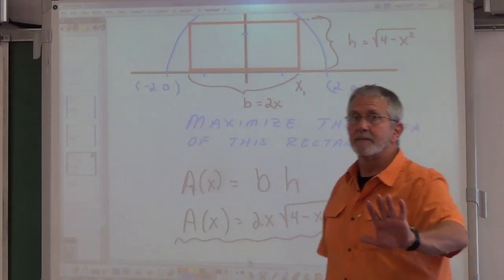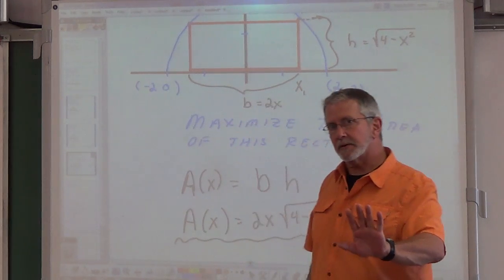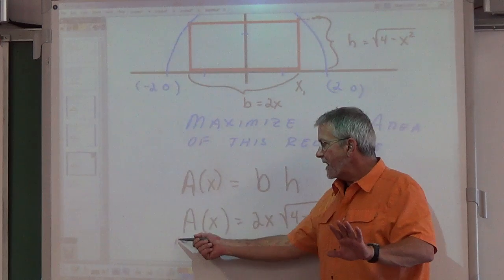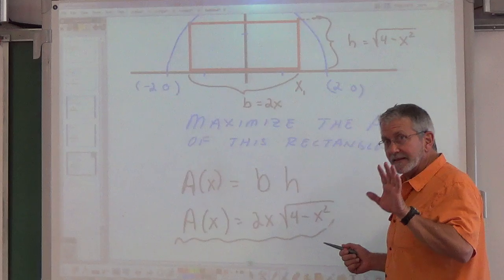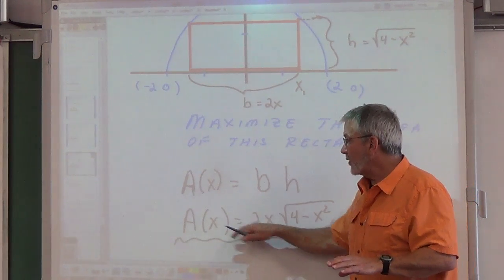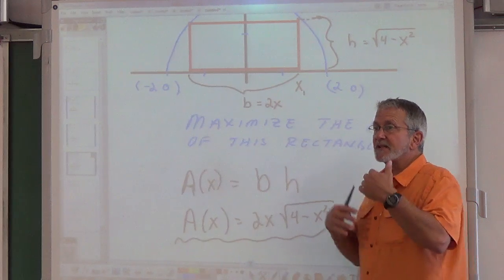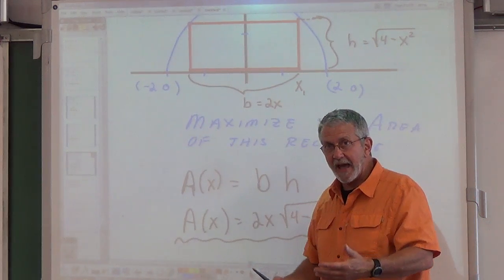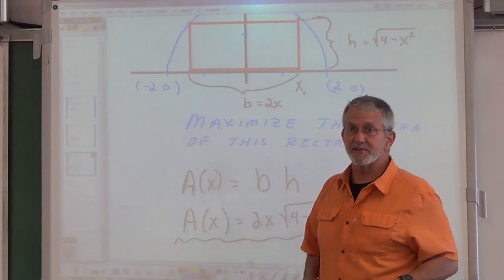Now next year, we're going to use calculus to analytically find where this maximum area happens, and we're going to discuss why this area indeed has a maximum. Right now, at this point, we're just going to use our graphing calculator.